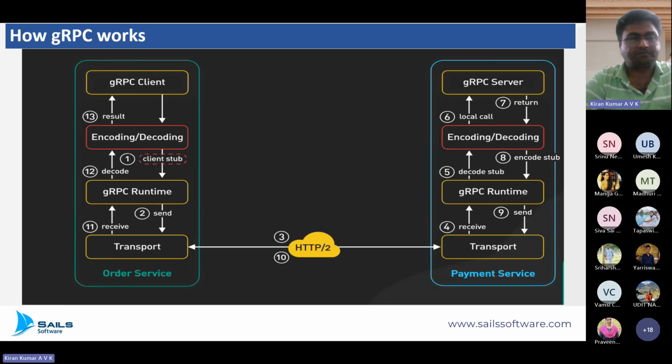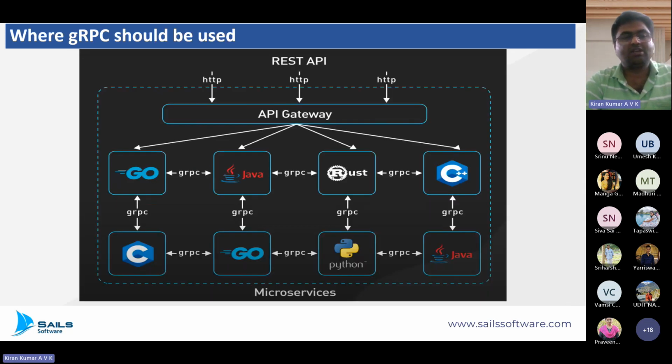Now, where should gRPC be used? gRPC can be used for inter-microservice communication. No matter what language is used to develop those microservices, you can use gRPC for communication between the two.